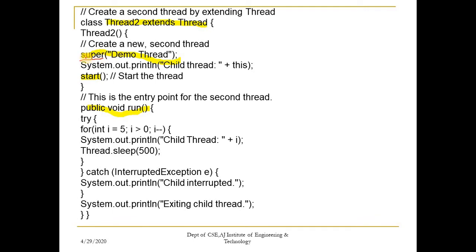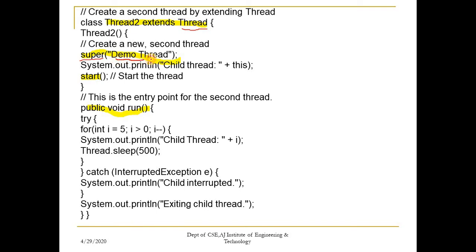This super is used to call the constructor of the base class. Which is the base class here? Thread. So within the subclass constructor, you are making a call to the superclass constructor by making use of the keyword super, and to that constructor you are passing the parameter "Demo Thread".